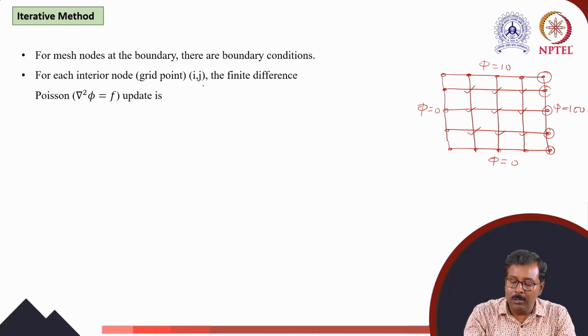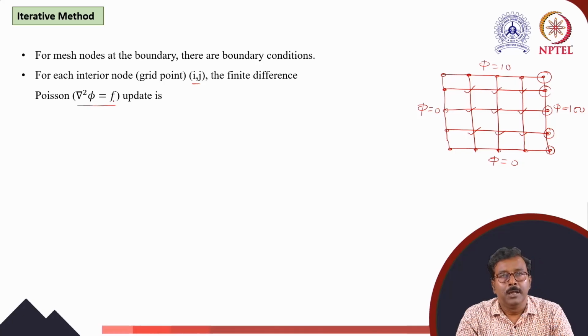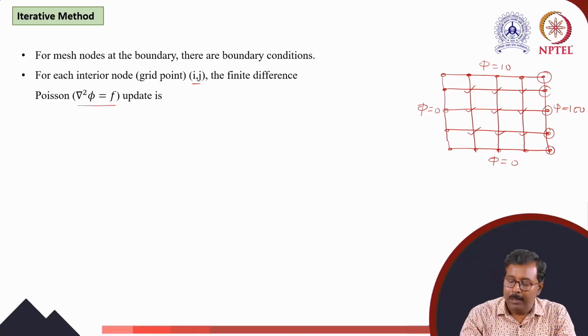At any interior node ij, the finite difference Poisson equation is del square phi equal to f, where f is a function of x, y, and that includes the negative sign and all these things. Suppose you denote any interior node as ij.